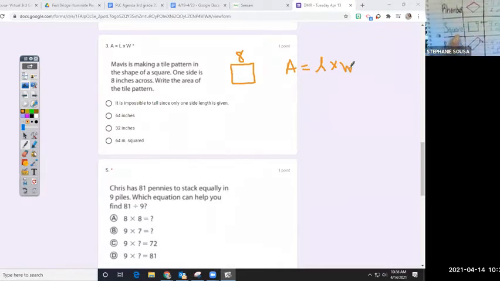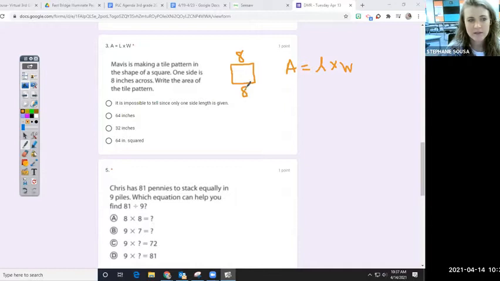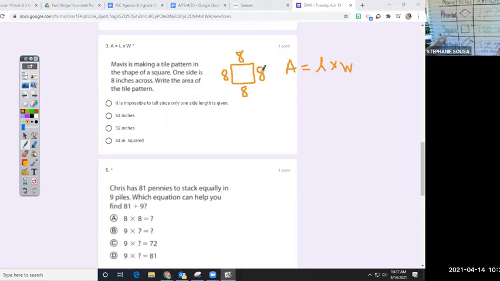A square has 4 equal sides. So if this side equals 8, this side also equals 8. This side also equals 8. This side also equals 8 because a square has 4 equal sides.